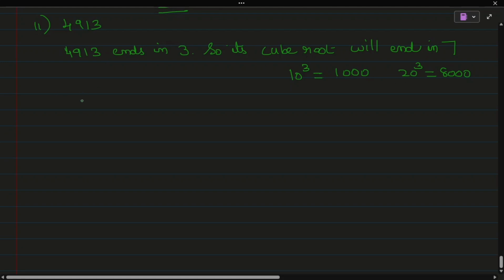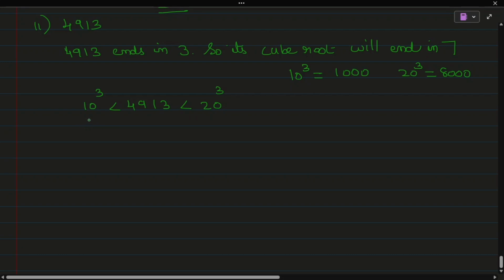So you can write, symbolically, that 4913 is in between 10 cube and 20 cube. So its cube root will come between 10 and 20.